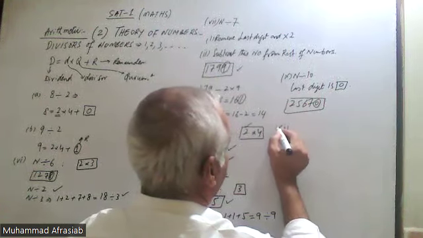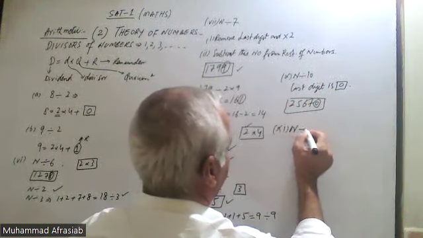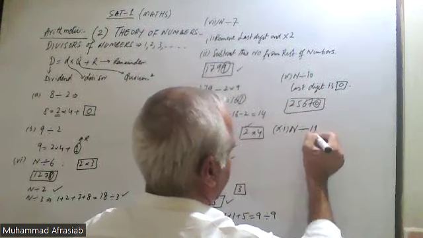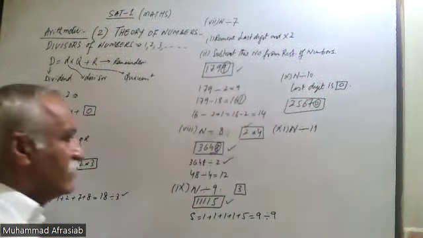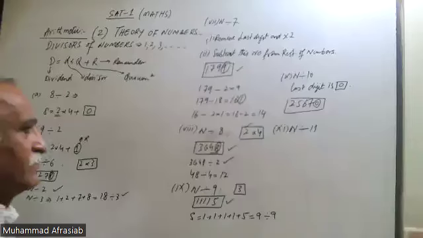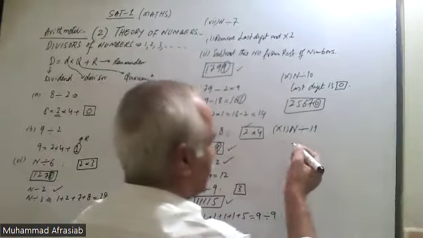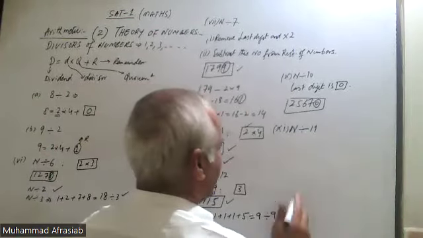Then, a number divisible by 11. For this number 11, we first write the rule and then we will explain with an example.